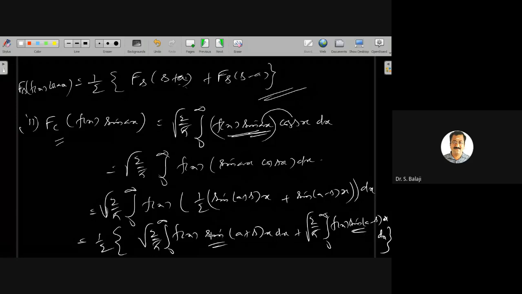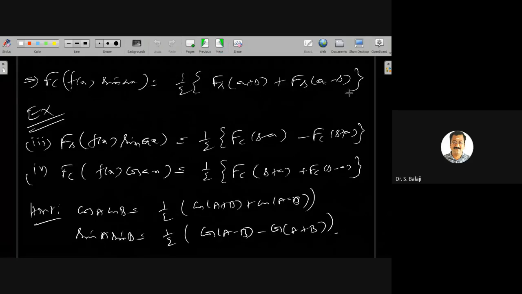That's all. Here, instead of the sine transform, we have sin of (a plus s)x and sin of (a minus s)x.